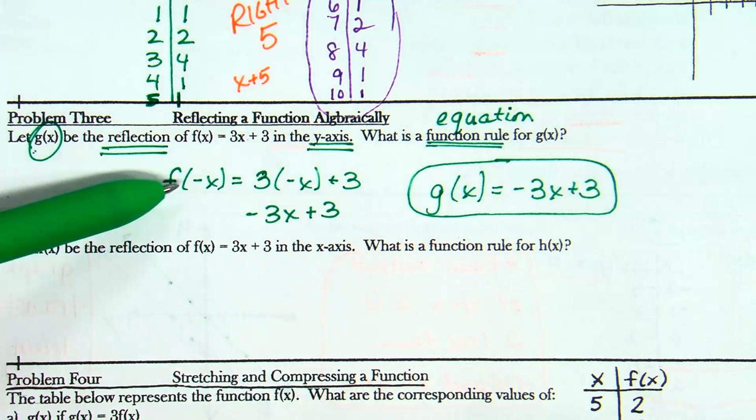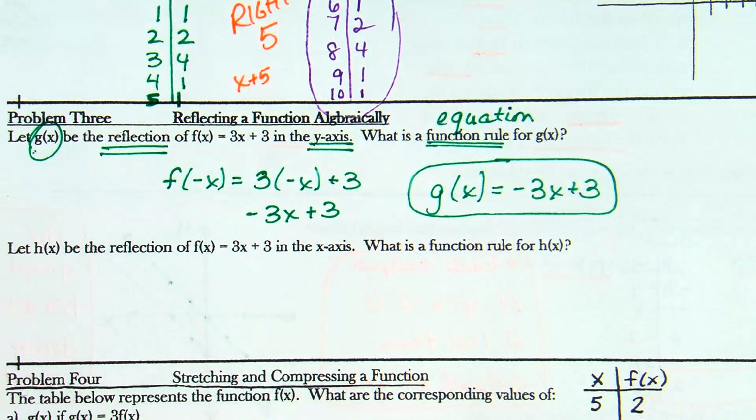Okay. The key there is to be able to find the negative 3x plus 3. Okay, so in order to get a reflection in the y-axis, the direction said f of negative x. That's what's on our chart, right? Questions?